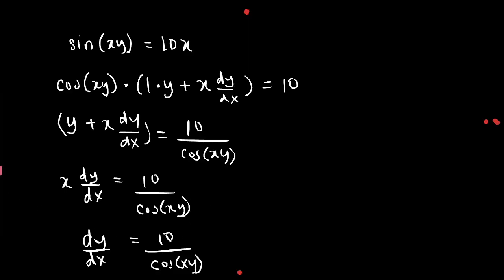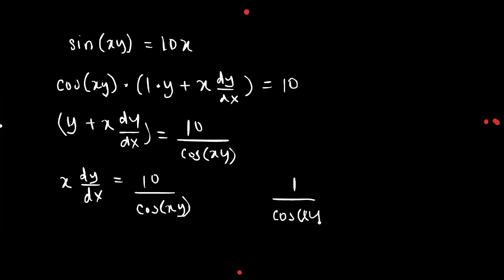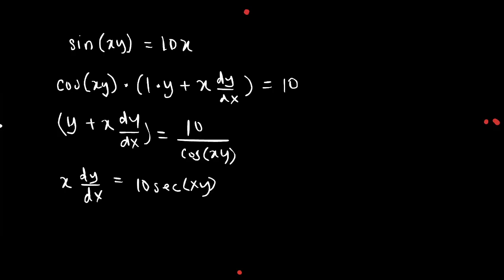Again, let's actually do this. What we can do here is simplify this a bit just to make it a bit easier for ourselves. This 10 divided by cosine xy is basically 1 over cosine of xy times 10. What is 1 over cosine? 1 over cosine is secant, right? So we can just rewrite this as 10 secant xy minus y, right?